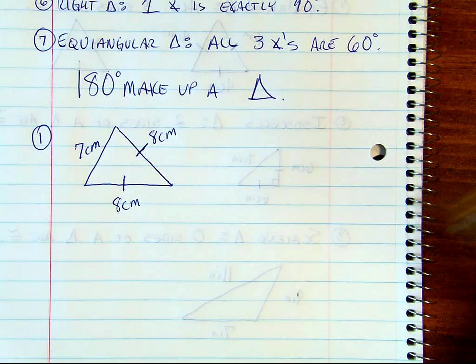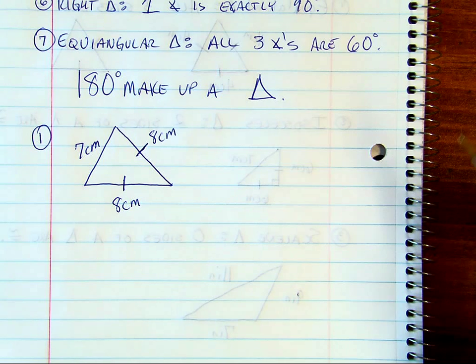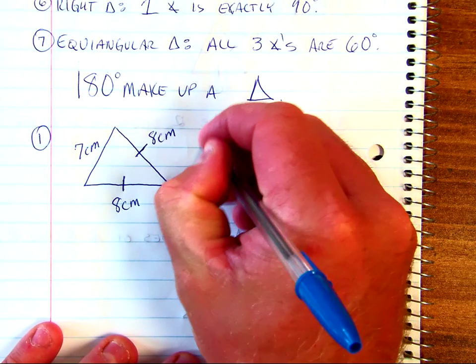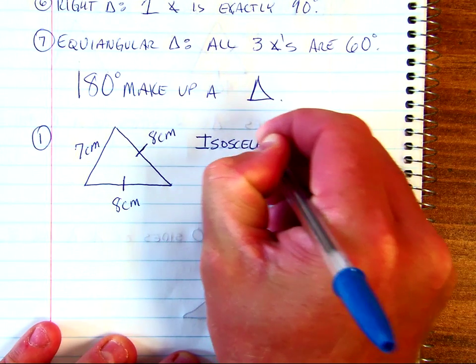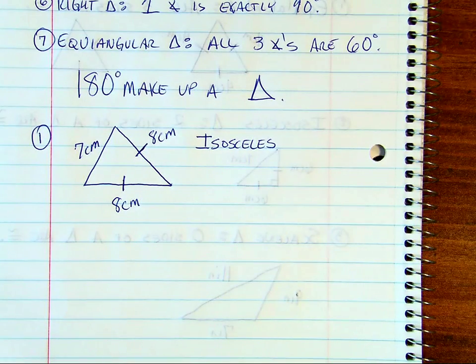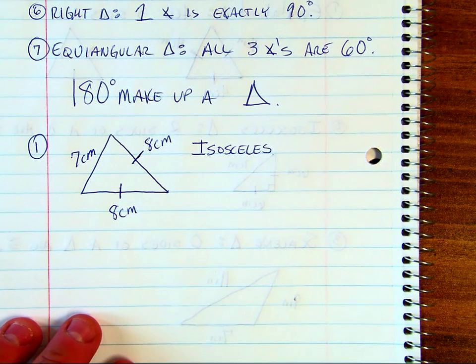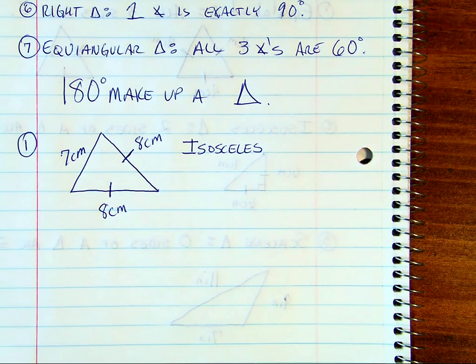What do we call a triangle with two sides equal to one another, Hannah? Isosceles. So this is called isosceles. And are all three angles acute? Do I have an obtuse angle? Do I have a right? Or are all three 60 degrees?